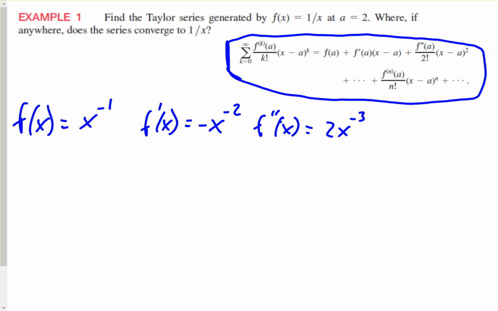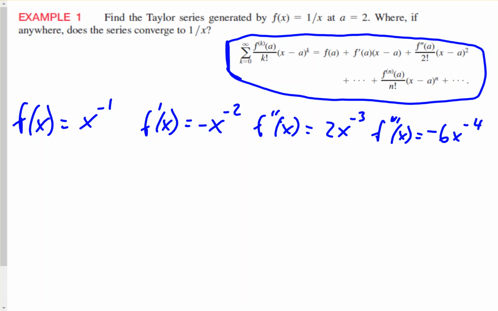This will keep going like this. If we did the third derivative, that would give us negative 3 times 2, so that's negative 6x, and dropping the power on the x, that's negative 4.